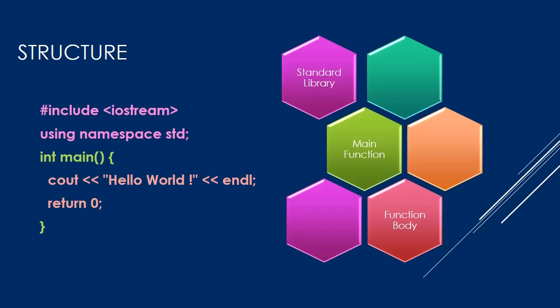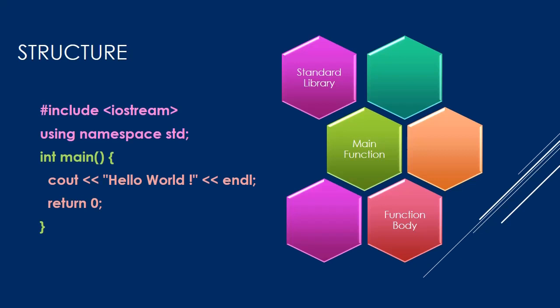Now coming to the function body, cout. Cout is a command given to the compiler to output what is given inside the angular braces. Here inside the angular braces, inside the double quotes, we have hello world exclamation. When something is inside double quotes, it means that the compiler needs to give an output exactly the way it is written.